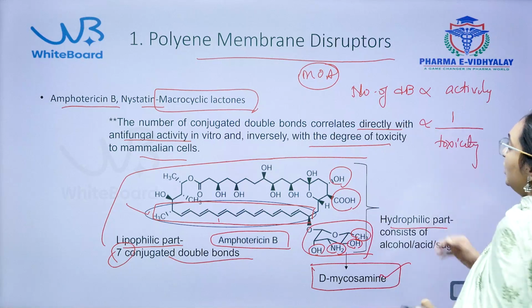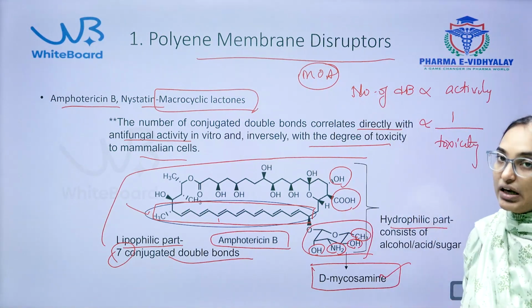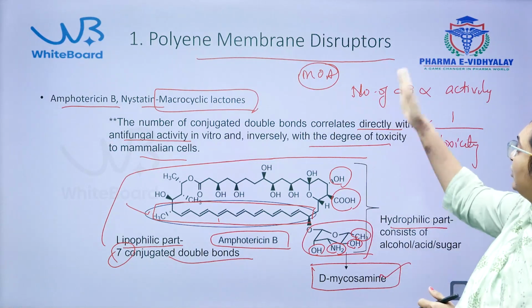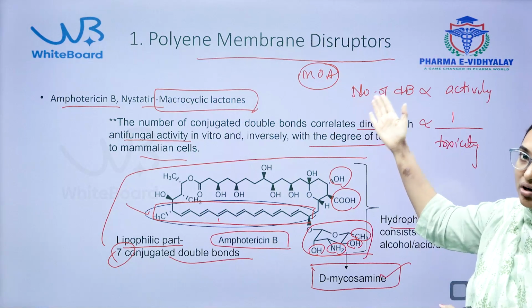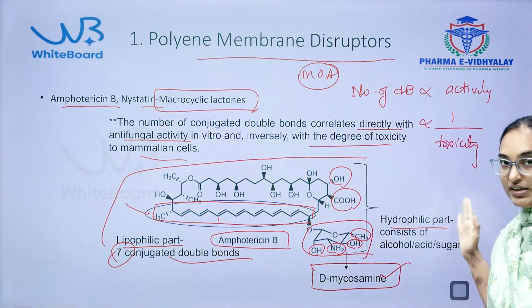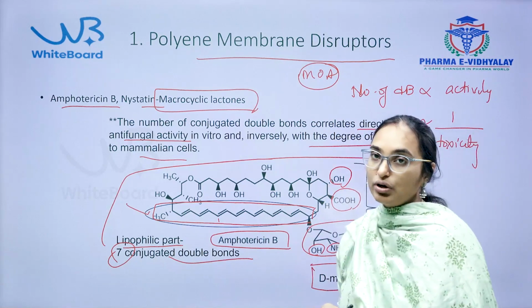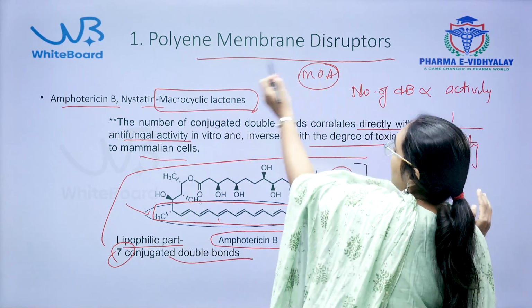What does it mean? When the number of double bonds is more, activity is more. When the number of double bonds is more, toxicity is less. This is the important point about amphotericin B, which is a polyene membrane disruptor.